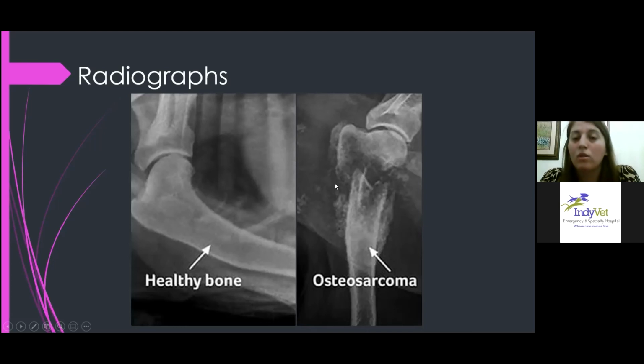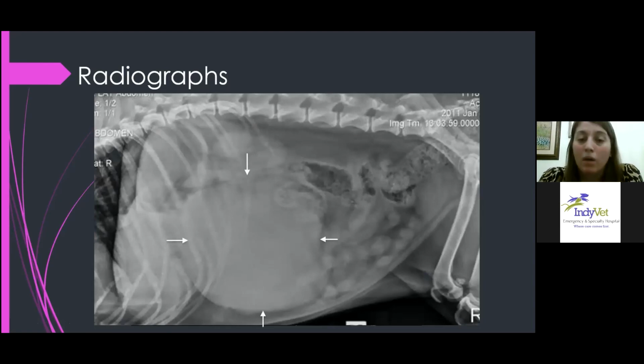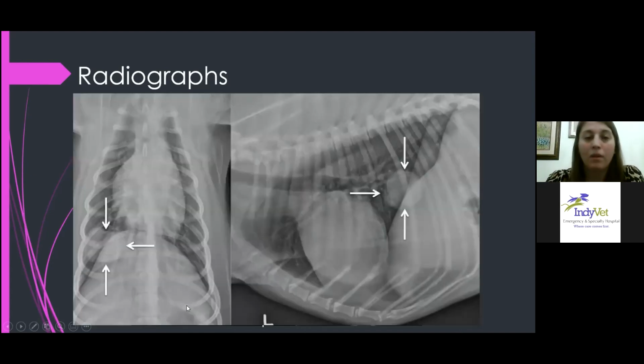This bone actually lysed enough so that there wasn't enough normal bone, and it created a pathologic fracture due to the cancer. Abdominal radiograph showing a very large tumor, suspicious of either a splenic or a liver tumor. And then thoracic radiographs, where there's specifically a pulmonary mass here.